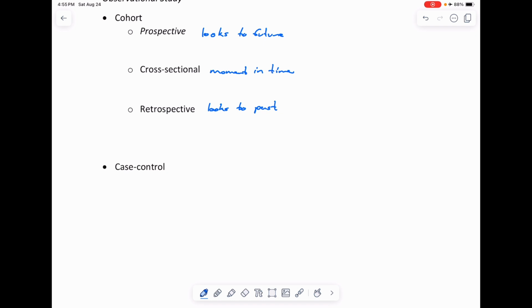This looks for differences in two groups to make conclusions about possible correlation or causation.